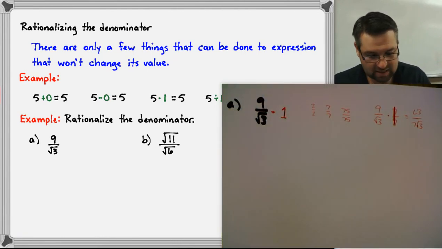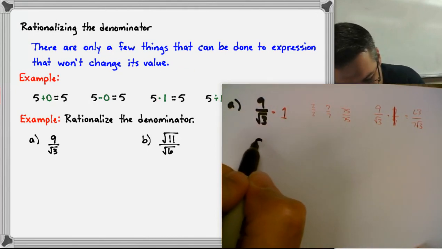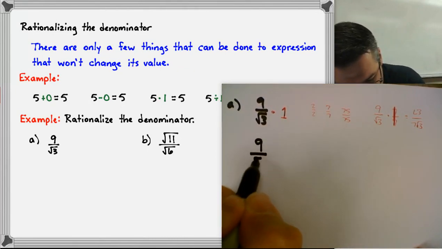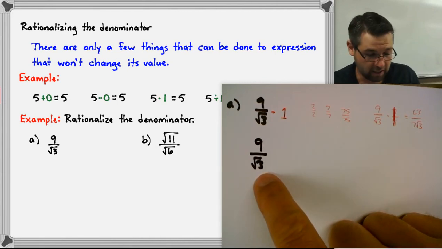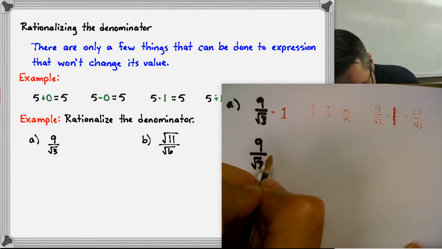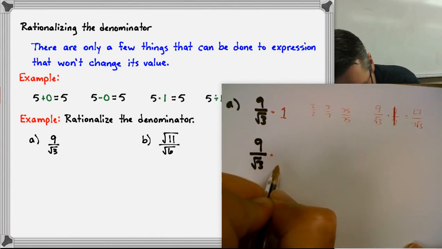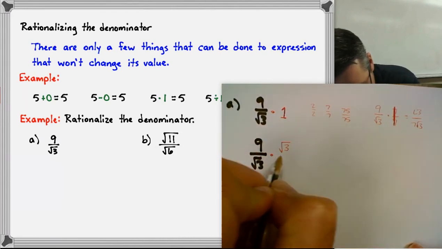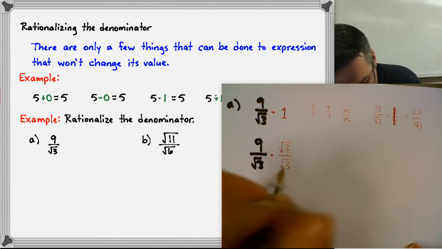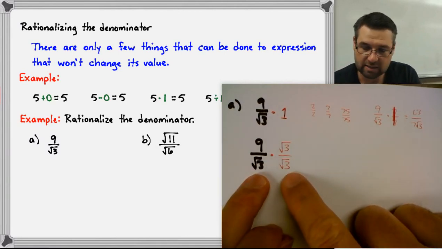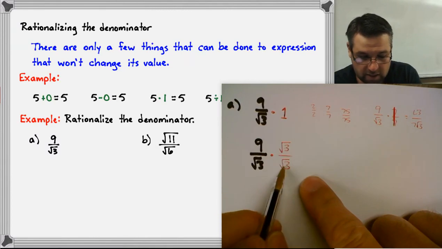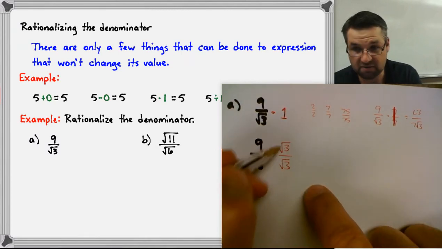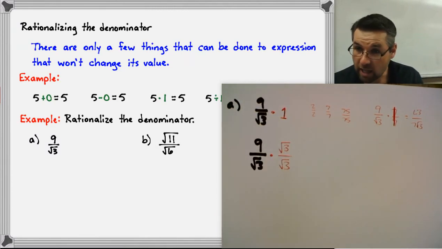So what is it that we multiply 9 over radical 3 by? Well, here's the trick. You see the denominator has a radical in it. If I multiply by radical 3 over radical 3, whatever the denominator's radical is, that's what we multiply on top and bottom. Again, radical 3 divided by radical 3 is 1.